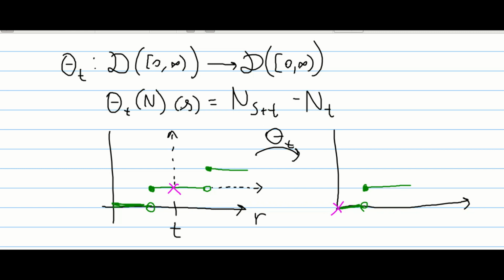When s is epsilon, we are looking at n of s plus epsilon, which is somewhere here, and we are subtracting n of t. And we continue following this function. Everything that you see here is going to be copied here. So that's what the function theta does. It's a kind of shift that not only acts on the x coordinate, which would be this term, but it also shifts the y coordinate by doing this.